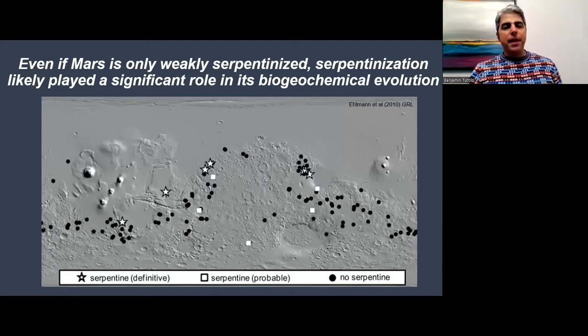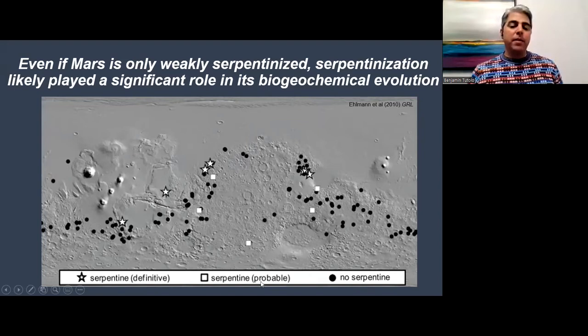So bringing this all together, it means that even if Mars is only weakly serpentinized, serpentinization likely played a significant role in its biogeochemical evolution. This is a plot from Bethany Ehlmann from 2010, showing that the stars here are definitive identifications of serpentine, and black dots are places where they looked at the orbital spectroscopy data but did not find the mineral serpentine.